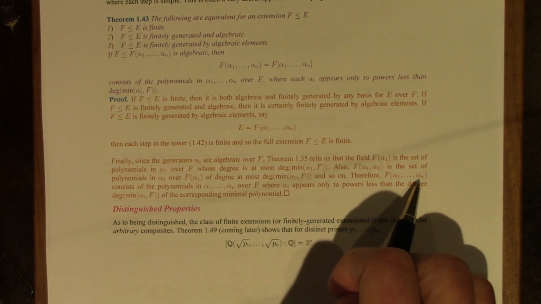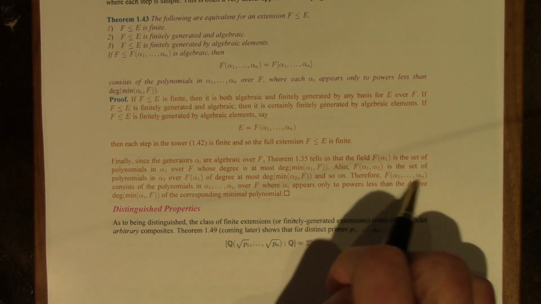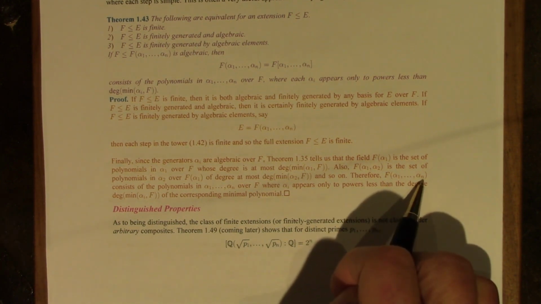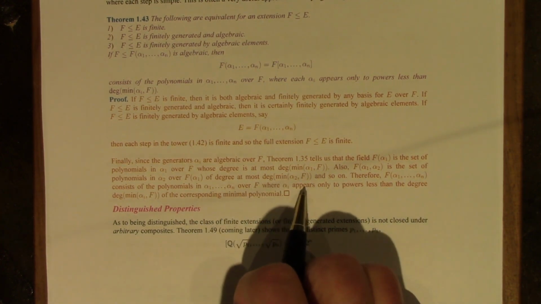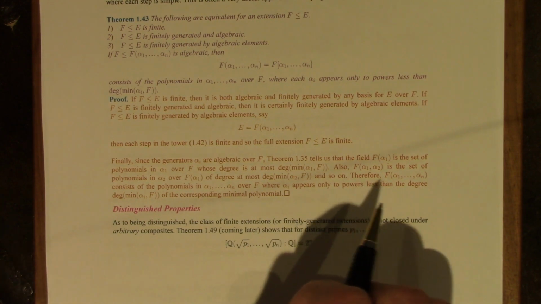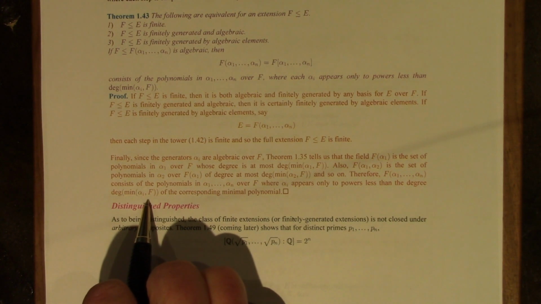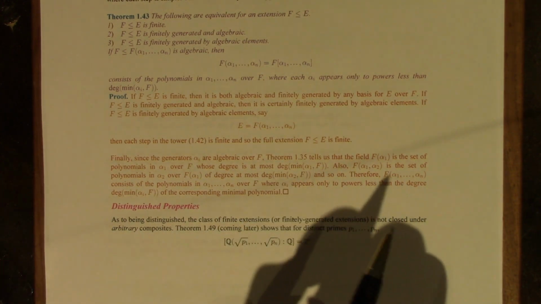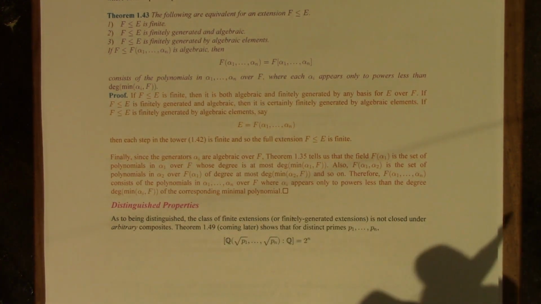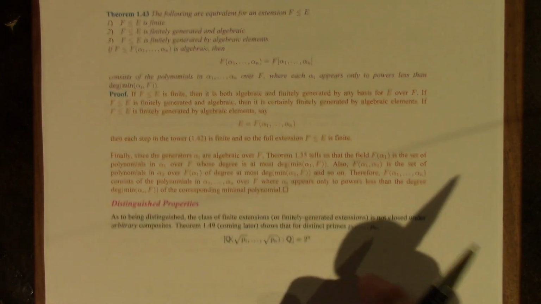And so, continuing this argument, you can see this field consists of the polynomials in alpha 1 through alpha n over F, where each alpha i appears only to powers less than the degree of its minimal polynomial over F. This is a little bit informal. You might want to practice making that a little more formal. You could use induction, for example.